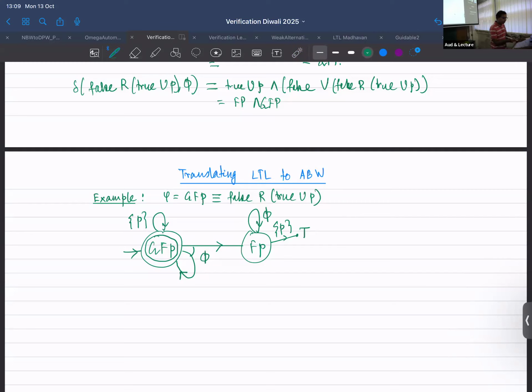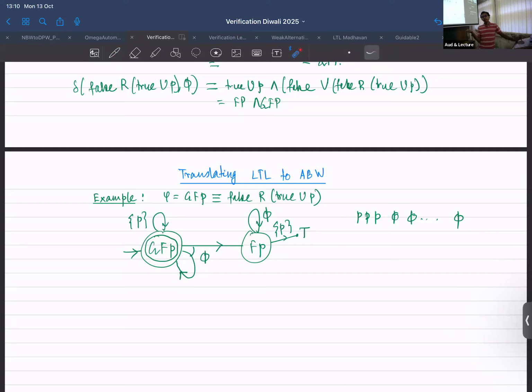You are here, and after a while you continue to see the empty set. Then what is happening? Why is this an accept state and this is not an accept state? Why is it so?